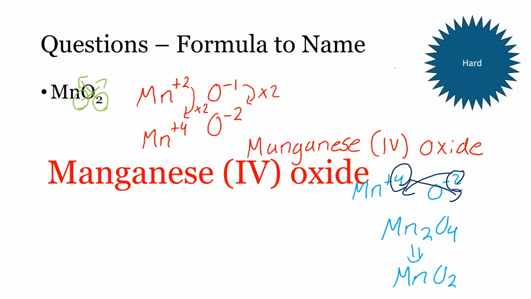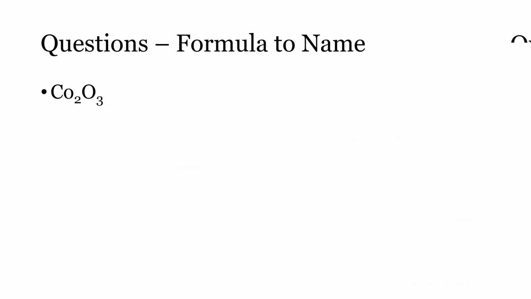And that is why this one is a little bit harder than the other ones. So taking a look at our next one, we have Co2O3. The first thing that we need to do is uncross these charges. And so we are going to end up with Co +3, O -2.